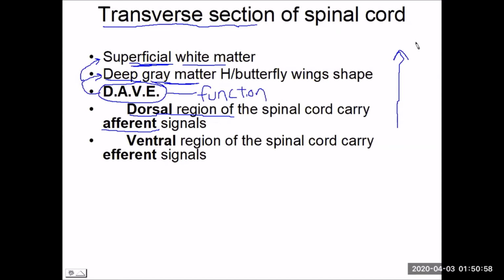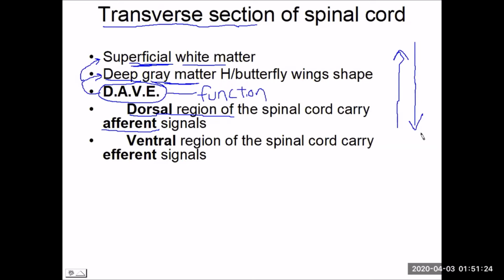So from the brain, that efferent signal traveling down the ventral side of the spinal cord, or again, another way to say this, the synonym, the anterior side of the spinal cord is carrying motor signal down the spinal cord. So that's the DAVE, kind of the very simple introduction.